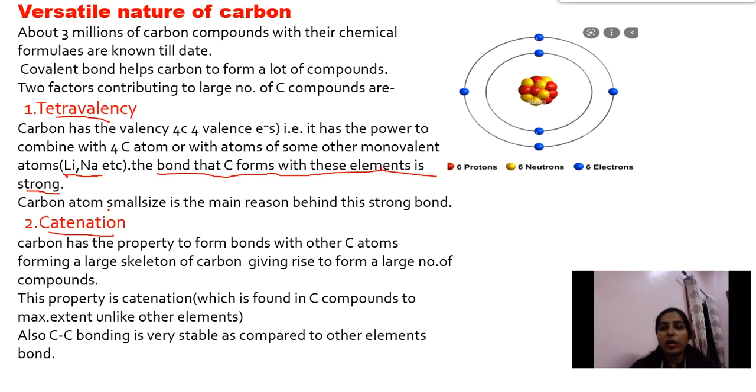In this way, the compounds of carbon are very strong and stable. That's why a large number of carbon compounds exist in nature.